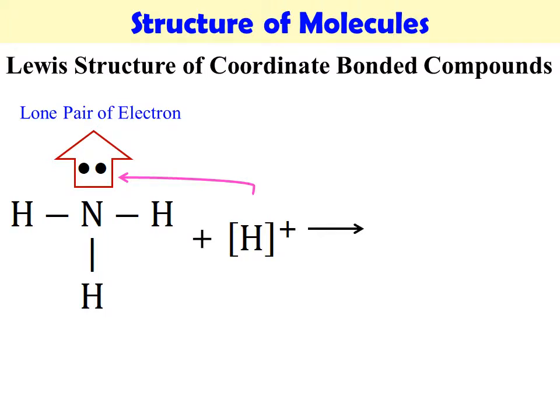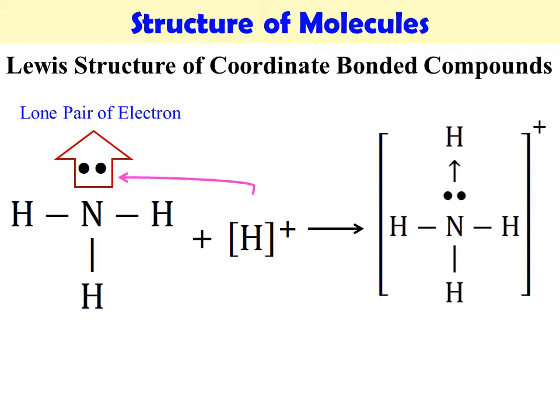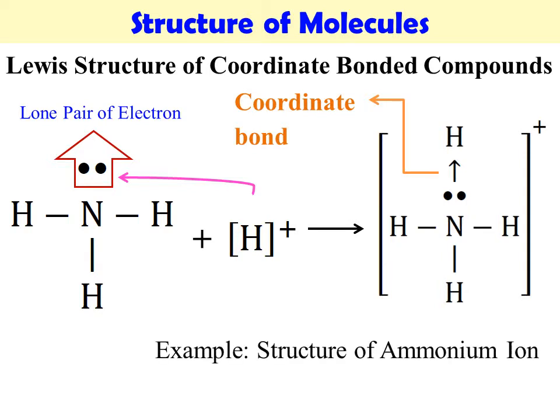So it is a partial donation to the hydrogen ion, and it forms a bond, shown as a coordinate bond by an arrow sign. The entire molecule, from ammonia, forms an ammonium ion and becomes a cation, once again unstable. This is the structure of the ammonium ion.